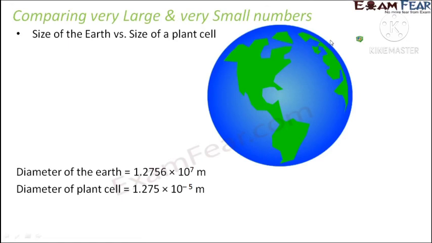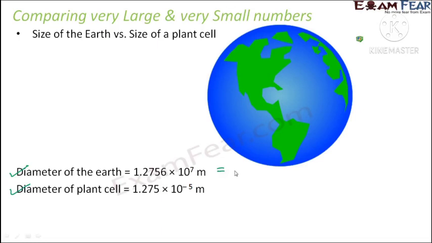Now, in this fashion, we can even compare very large numbers with very small numbers. For example, if you try to compare the size of the earth with the size of a plant cell, how would you compare that? So we know that the diameter of the earth is in this range, 1.2756 into 10 to the power 7 meters, whereas the diameter of a plant cell is of the order of 1.275 into 10 to the power minus 5 meters.